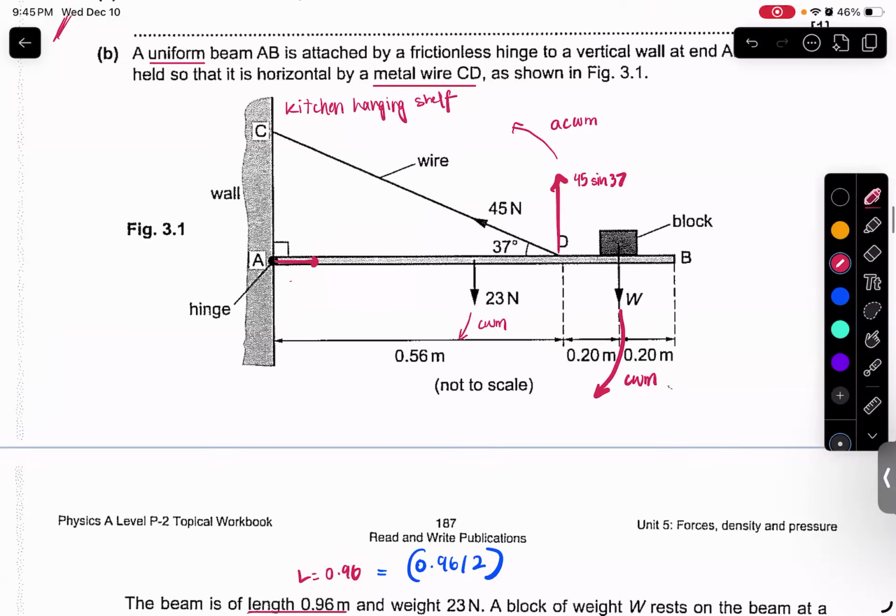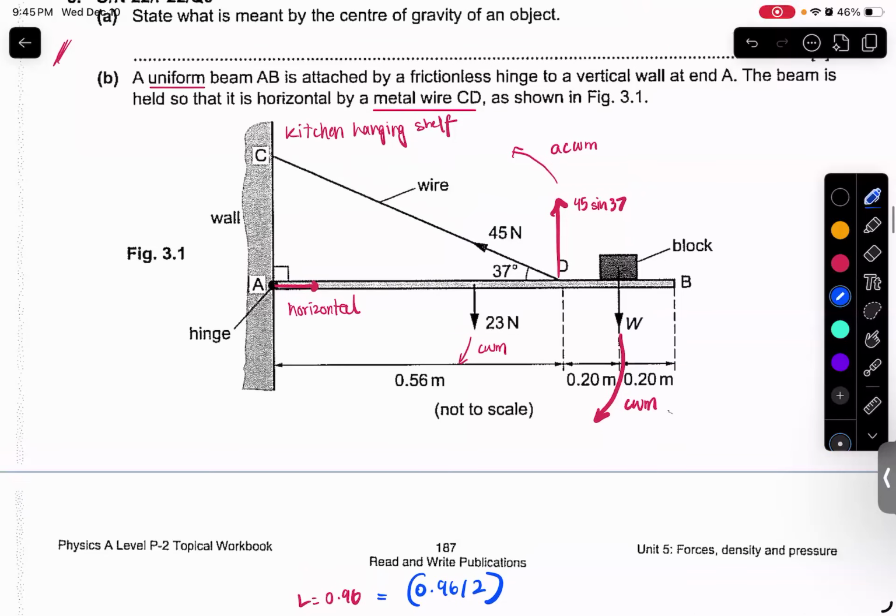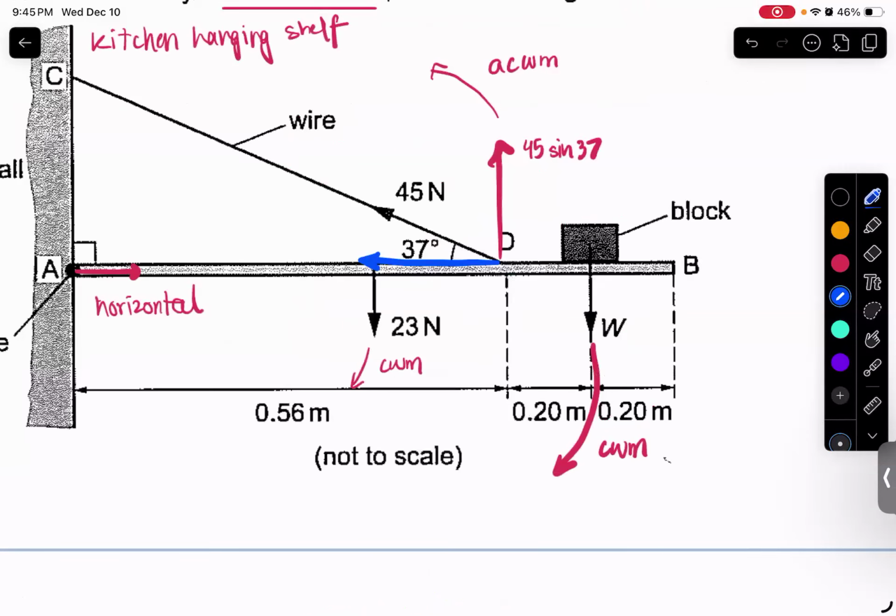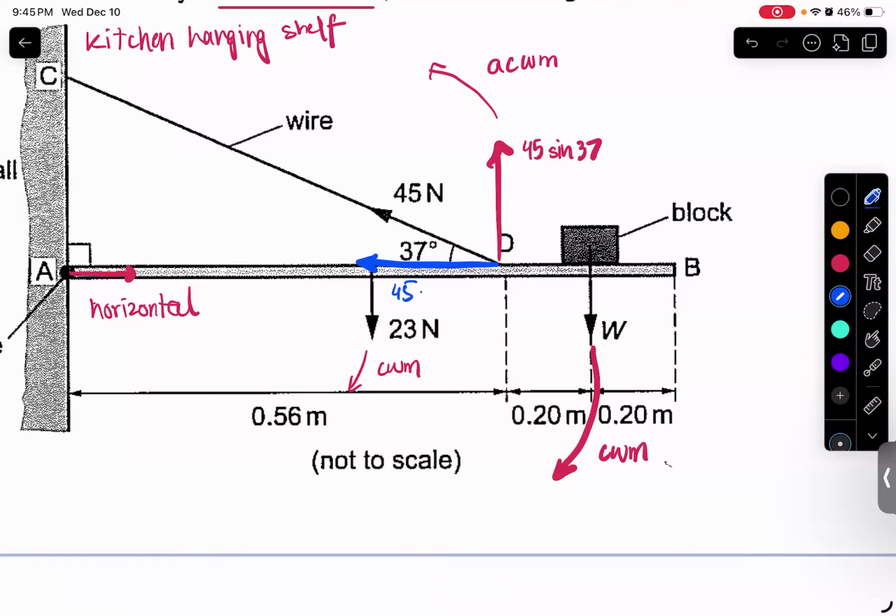Now, the force by the hinge on the beam is horizontal. But if you remember, there was another horizontal force from the wire, right? Which was equal to 45 cos 37, right?